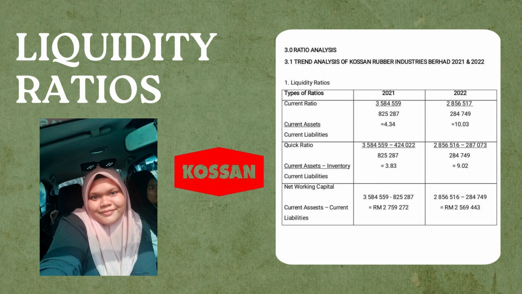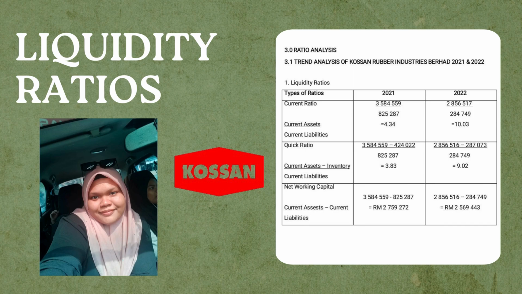Next, quick ratio. The quick ratio measures a company's capacity to pay its current liabilities without needing to sell its inventory. The quick ratio in 2021 was 3.83, compared to 9.02 in 2022. Lastly, net working capital.